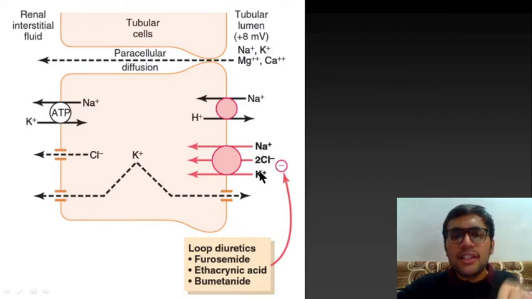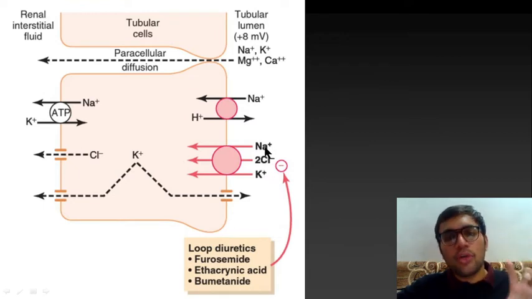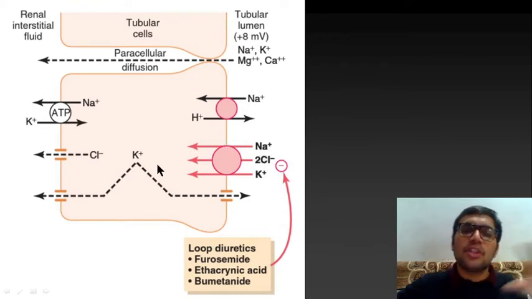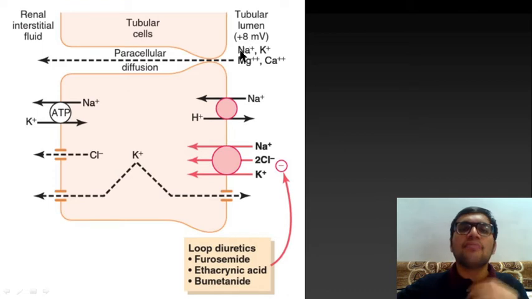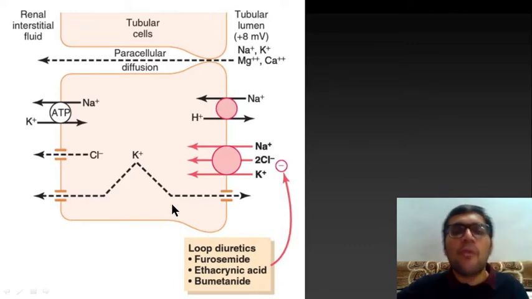You can see this is basically Na2Cl-K, again a co-transporter, and this is responsible for sodium, potassium and chloride reabsorption. Also there are some minute amounts of calcium and magnesium getting absorbed. This is all you need to know at the level of your loop of Henle.